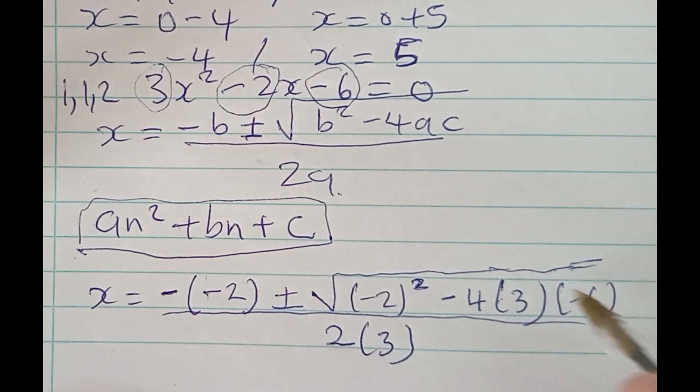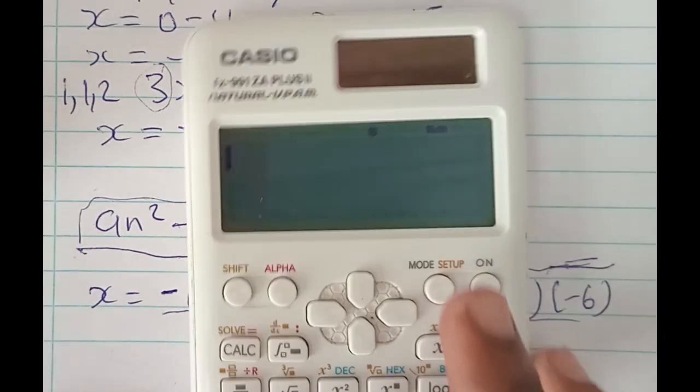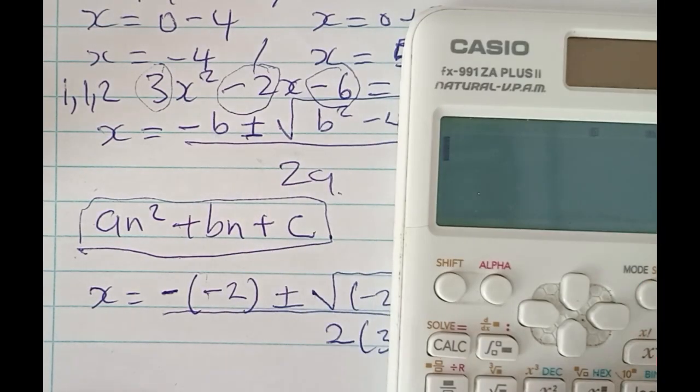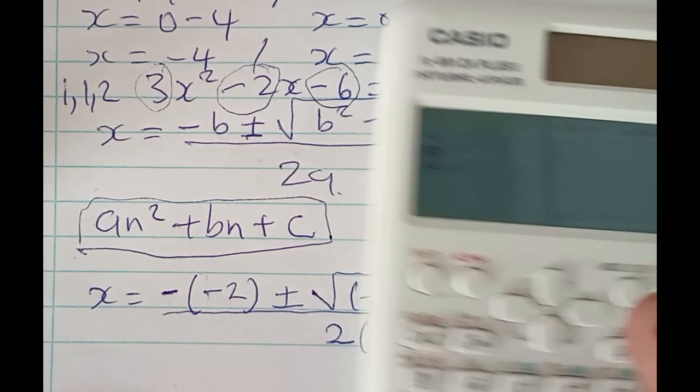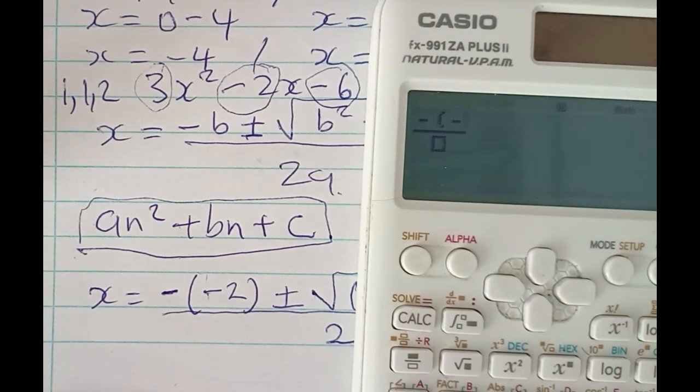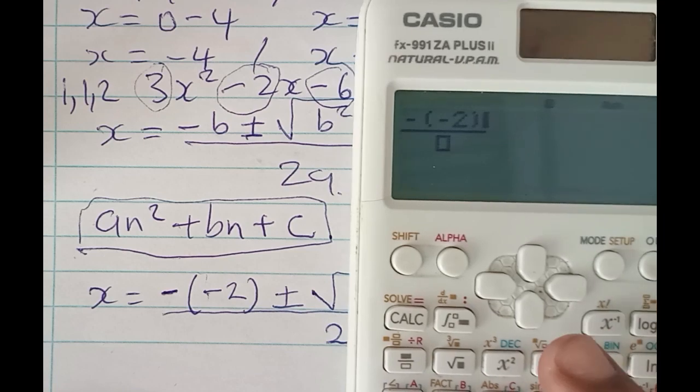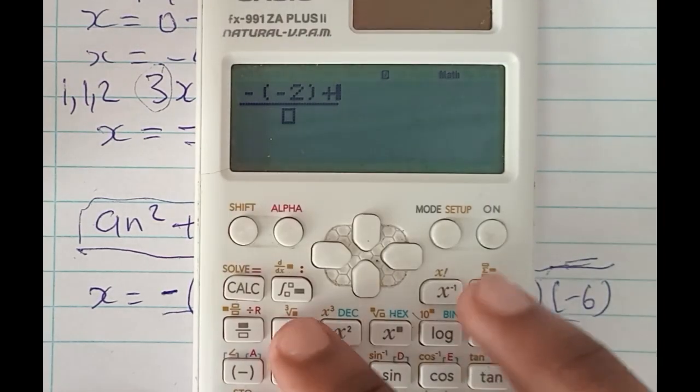Then after this step, you take your calculator and substitute. Actually, write it the way it is. We have negative 2 here, and we'll have plus the square root.